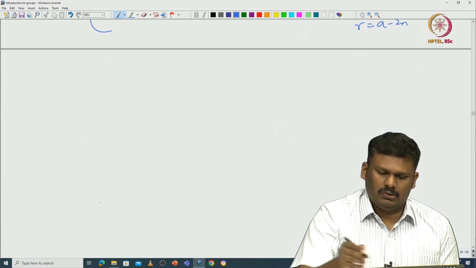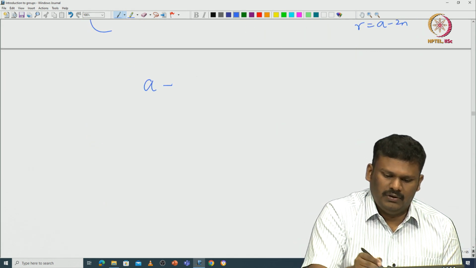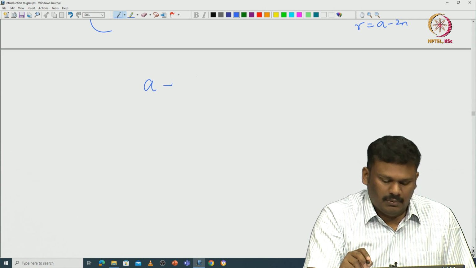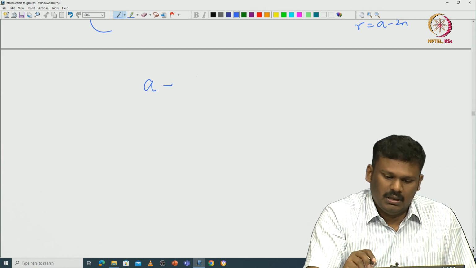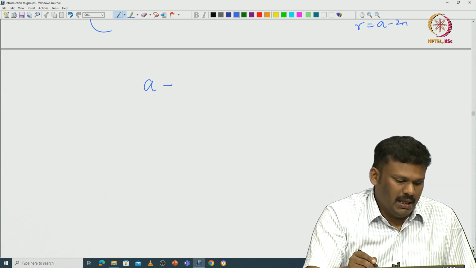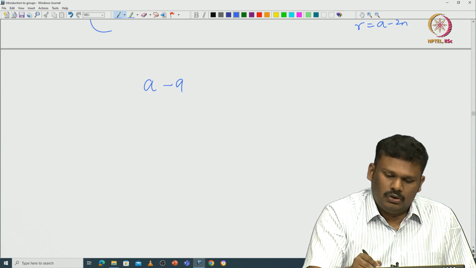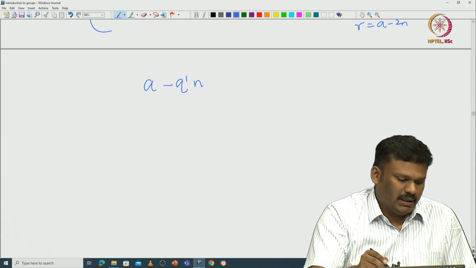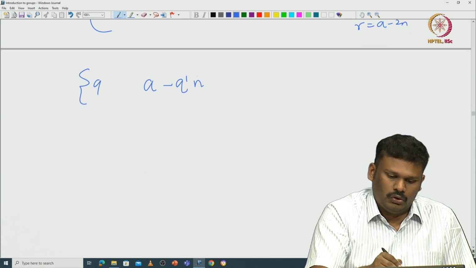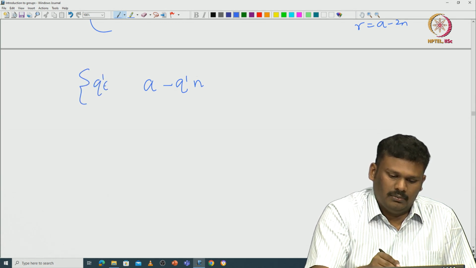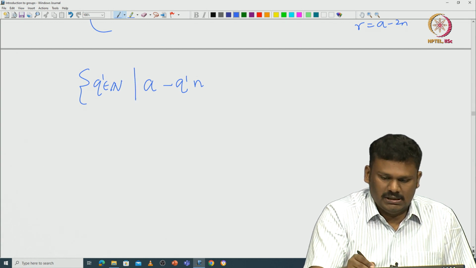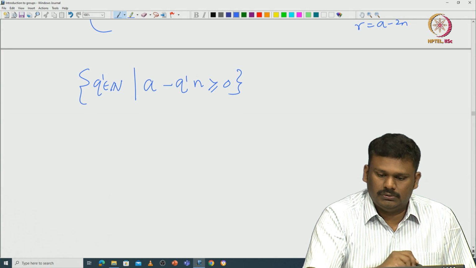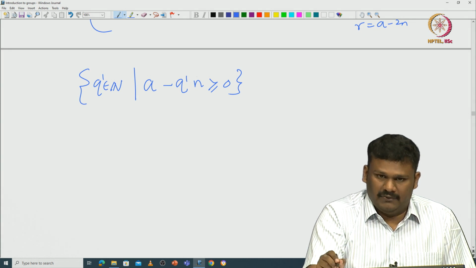So the best thing to do is to keep subtracting from A. I can look at all possible subtractions, for example A minus q' n. I can collect all q' from the natural numbers such that A minus q' n is greater than or equal to 0. So this set is well defined.